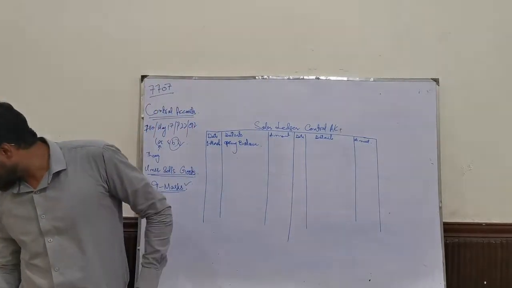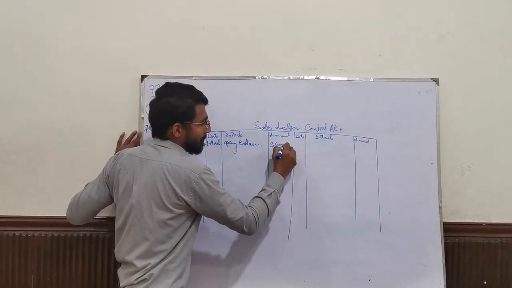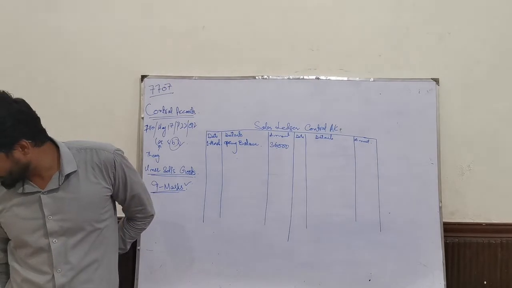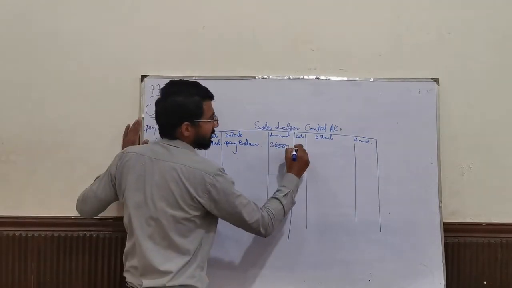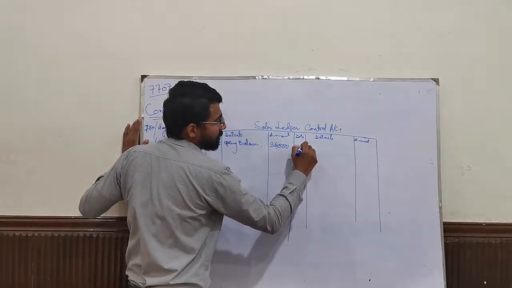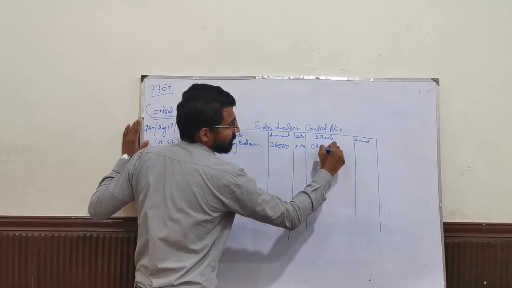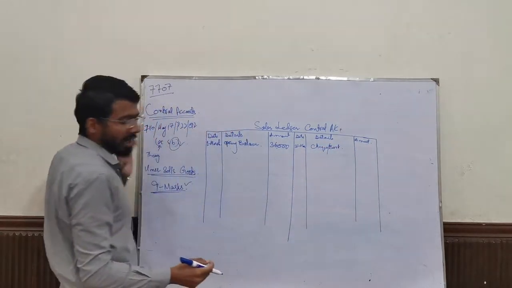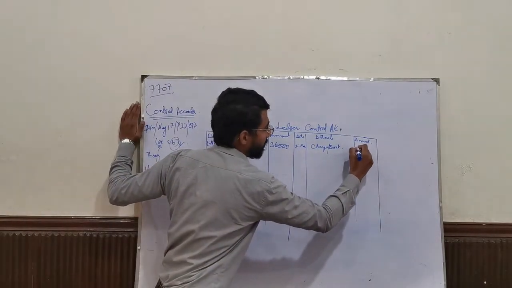Opening balance is 36,000. The next is cheques received from credit customers, 53,800, on 31st March, which will be regarded as bank, and the amount is 53,800.